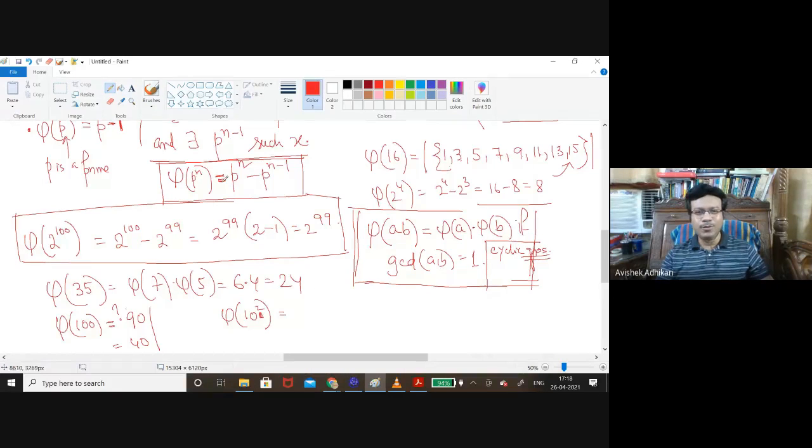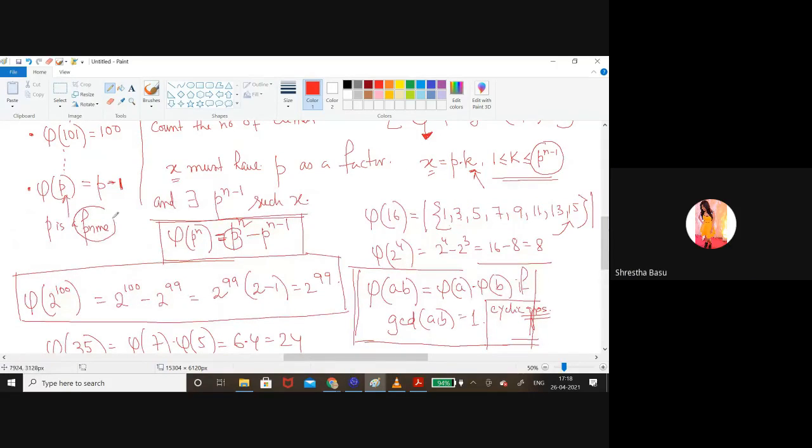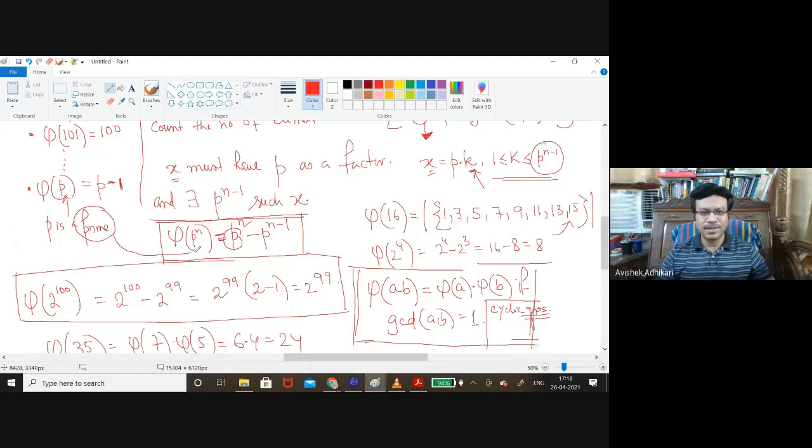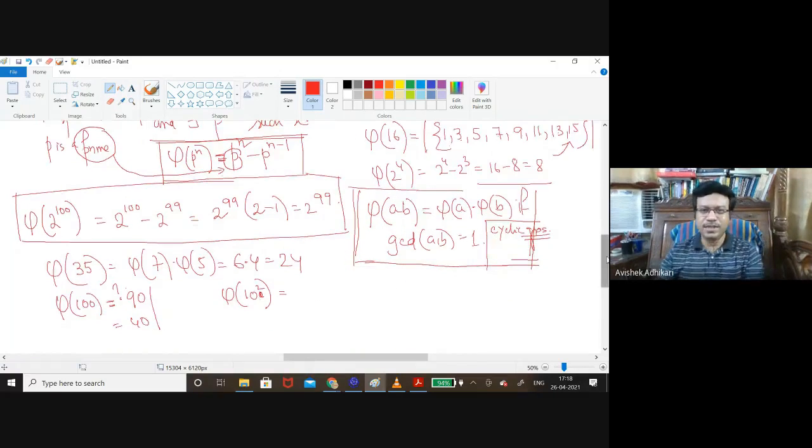So you forget what was your p? p is a prime number. But your 10 is not a prime number. So this formula is valid only for prime numbers. But you can still use this result.